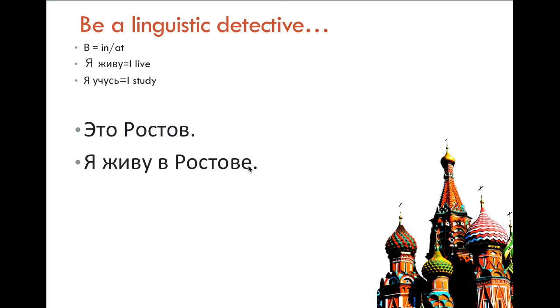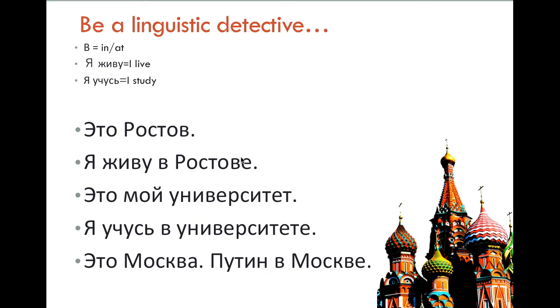Okay, so you might be noticing something happening here. Okay, how about this one? So maybe you came up with an idea, and now I want you to look at these. So, это мой университет. Я учусь в университете. Okay, something's happening here. Это Москва. Путин в Москве. Okay.